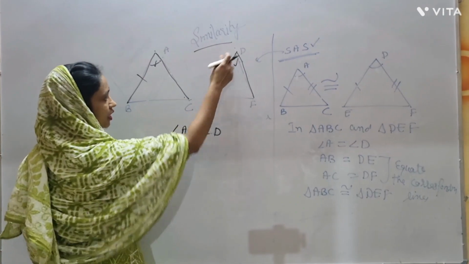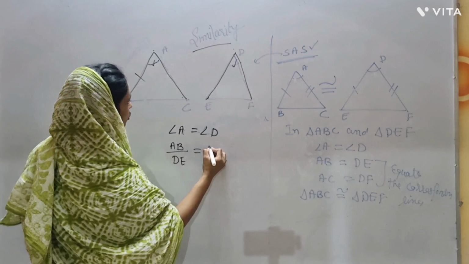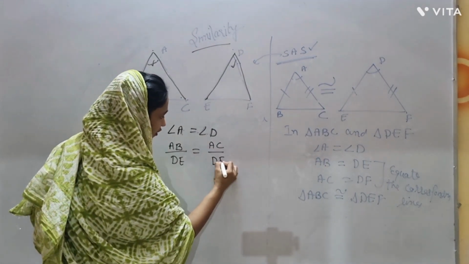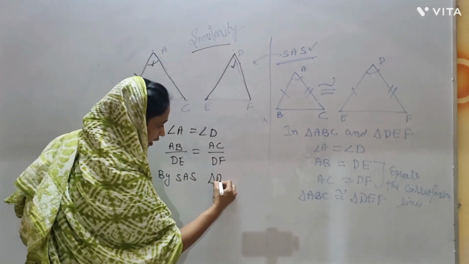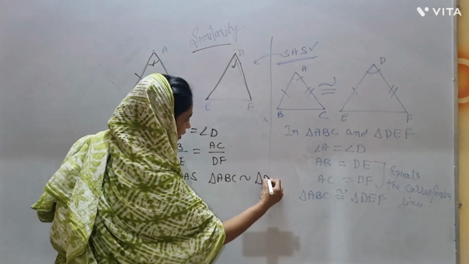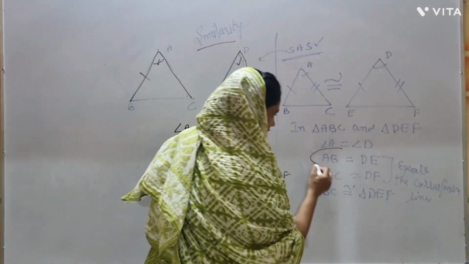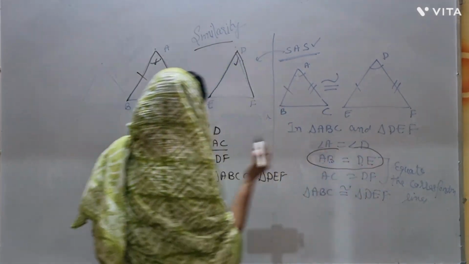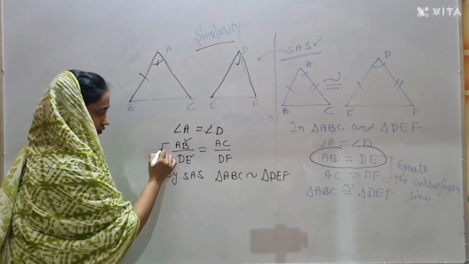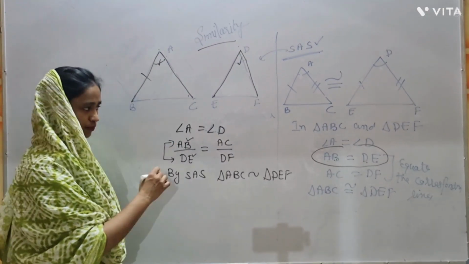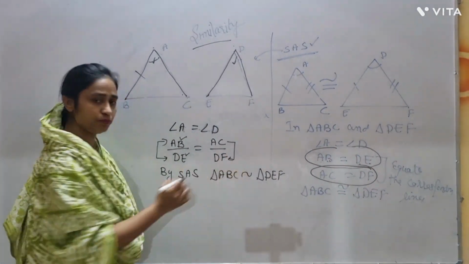If AB upon DE is equal to AC upon DF, then we will say that by SAS, triangle ABC is similar to triangle DEF. Where we had equated AB is equal to DE, here we have written AB upon DE, the corresponding lines in proportion, and AC upon DF.